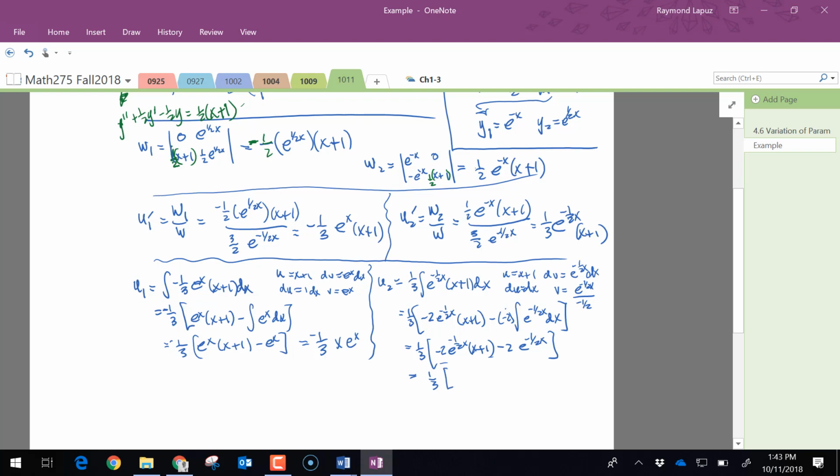Let's deal with the x first: negative 2x e to the negative 1/2 x. And then the things that add up would be negative 4 e to the negative 1/2 x. I don't know if we could do much with that. So it should be 4, but it would be negative, right?